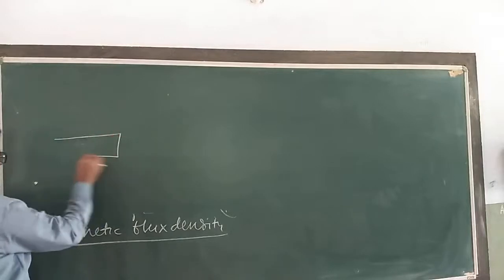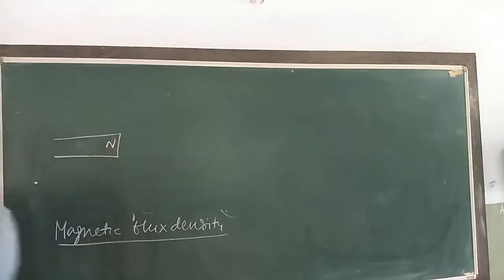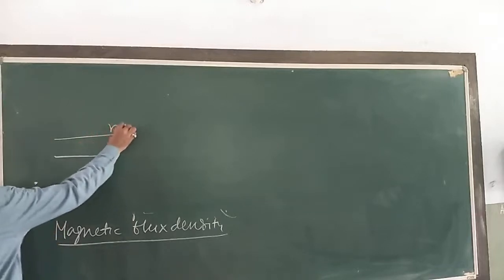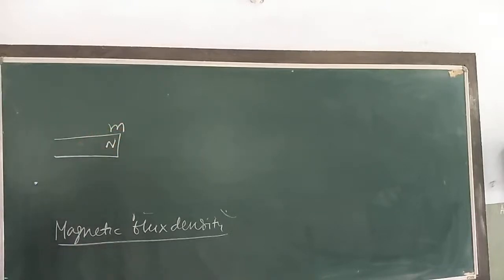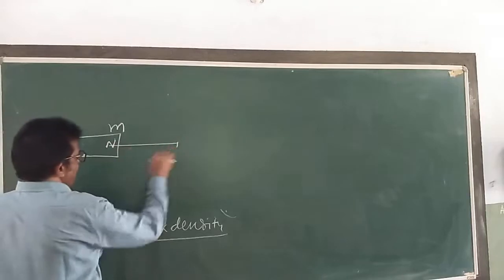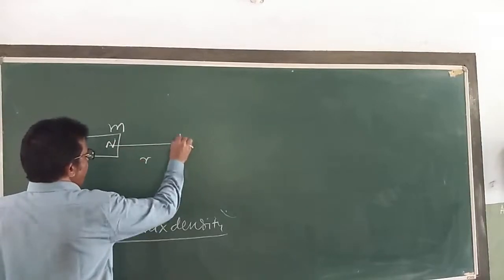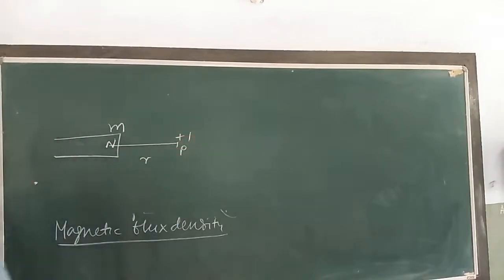Suppose this is the magnet, it is the north pole, and the magnetic strength is M, and at a distance R, at point P, a unit pole strength is placed.